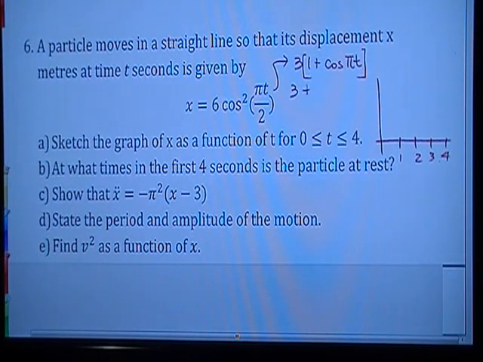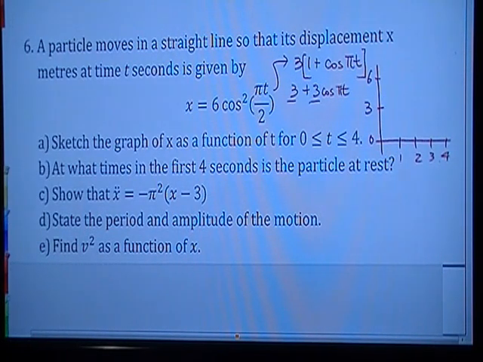It's 3 plus 3 cos of pi t. So our normal cos is amplified by 3, and it's also lifted by 3. So there it is, and it goes from 6 to 0.